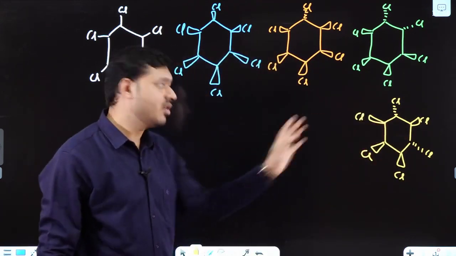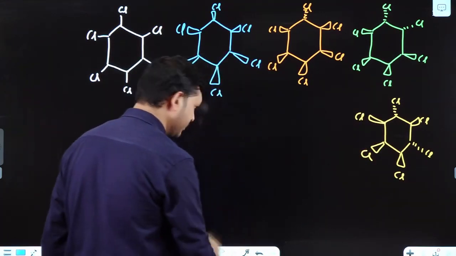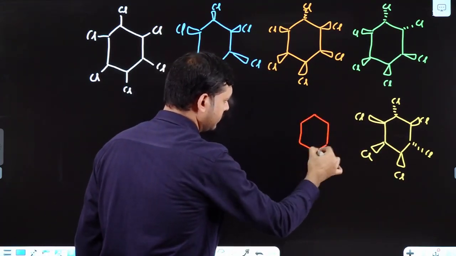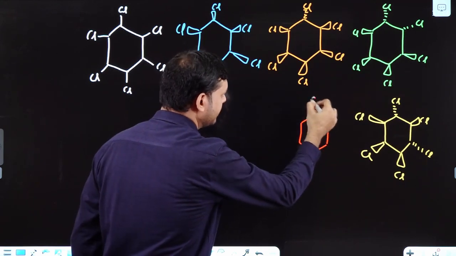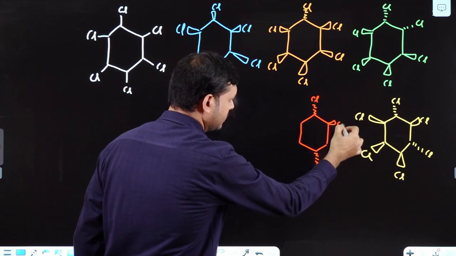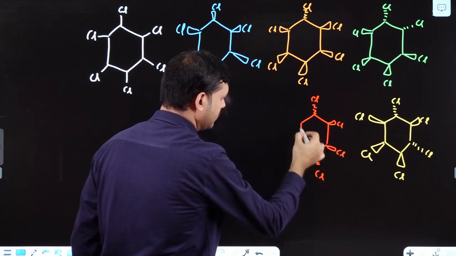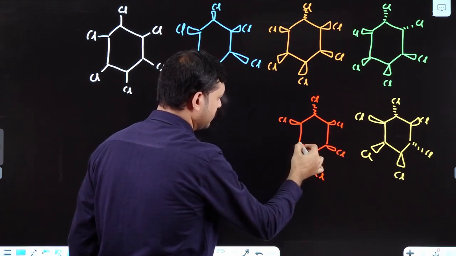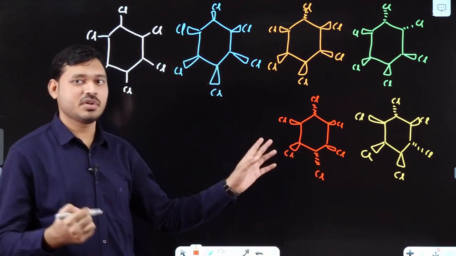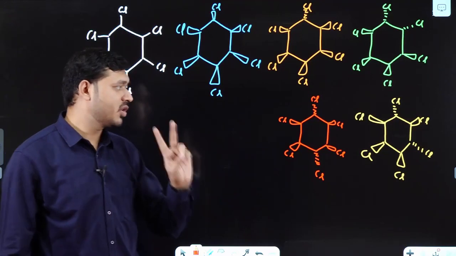One, 3 on the same side. One more possibility. One, 4 on the same side. Okay, 1, 4.